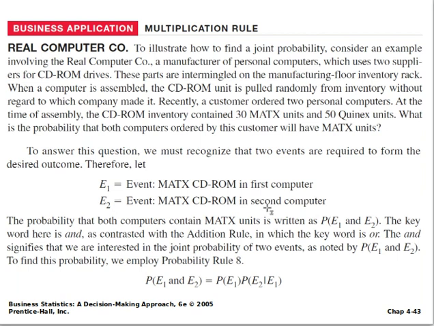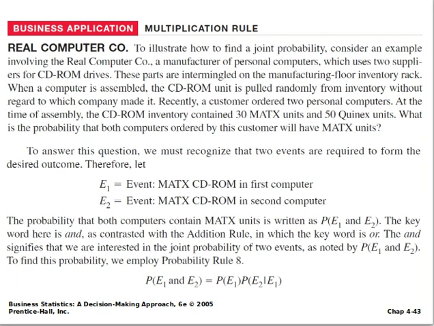The probability both computers contain MAT-X units is written as P of E1 and E2. The key word here is AND, as contrasted with the addition rule, in which the key word is OR.